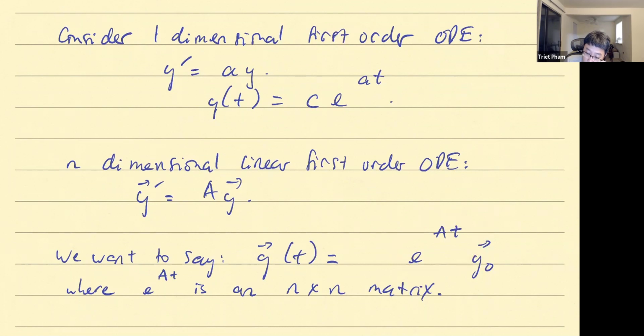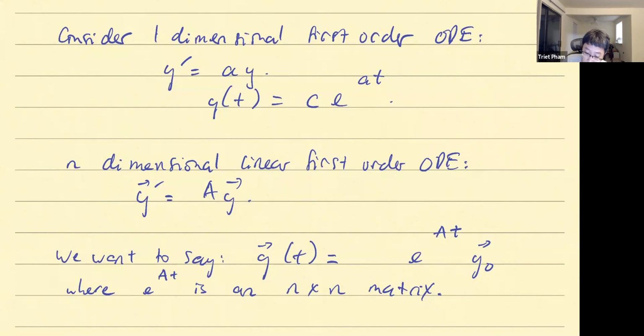And the goal is to unify the solution of the system y prime equals Ay under one single expression like this, rather than dividing into cases with eigenvalues and eigenvectors. There are pros and cons for these two approaches.